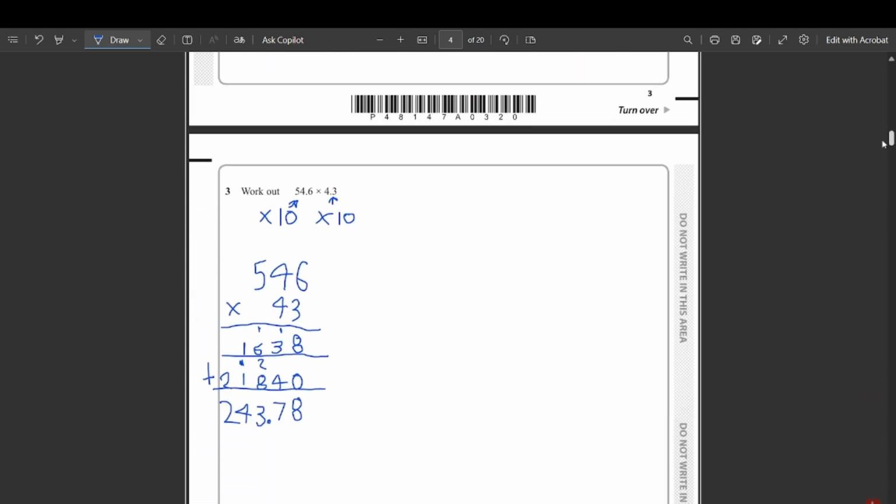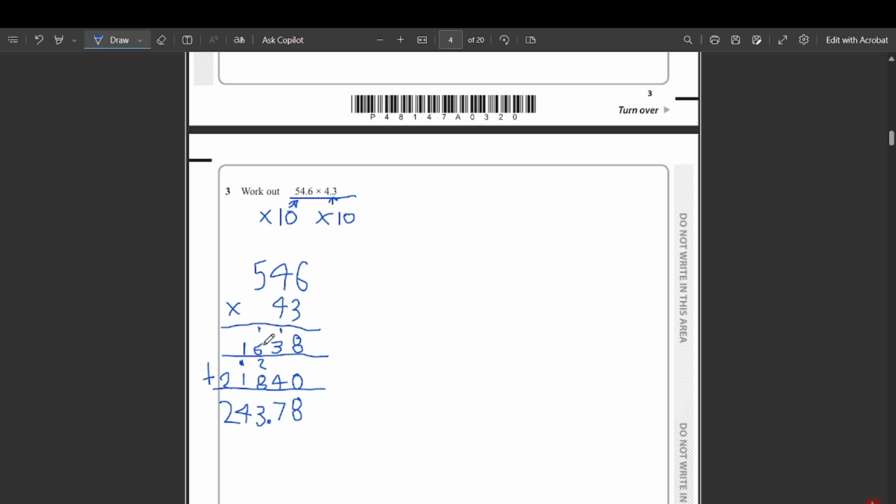Then moving on to question 3, we're asked to work out 54.6 times 4.3. Now, because this is paper 1 and it's a non-calculator paper, there's many ways to do this. My personal method is just making it so it's all integer numbers. So I have to times the 54.6 by 10 and I have to times 4.3 by 10.